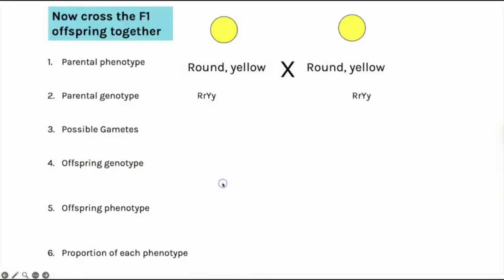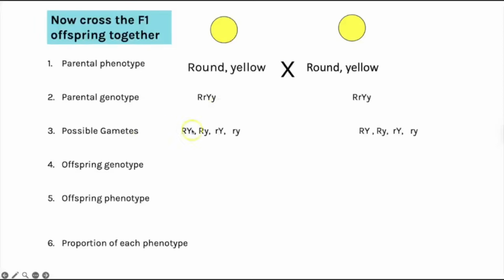Now you could be asked to then cross F1, which means first generation. And that would now mean we're crossing 2 peas that are heterozygous for both genes. And this is now when we'd get 4 possible gametes for both of those genes. So capital R with the capital Y, capital R with the lowercase y, lowercase r with the capital Y, lowercase r with the lowercase y.